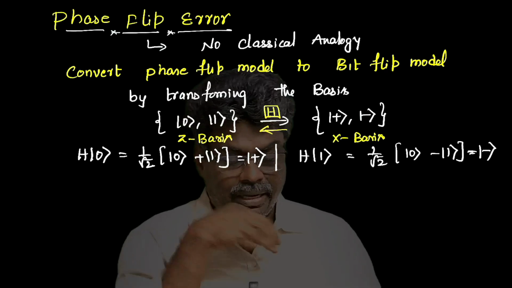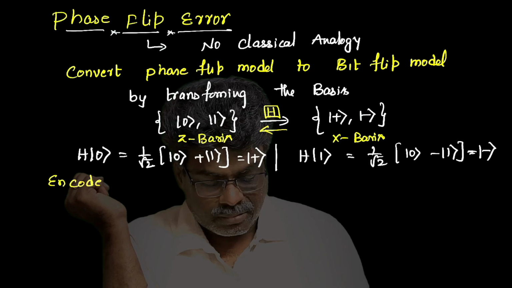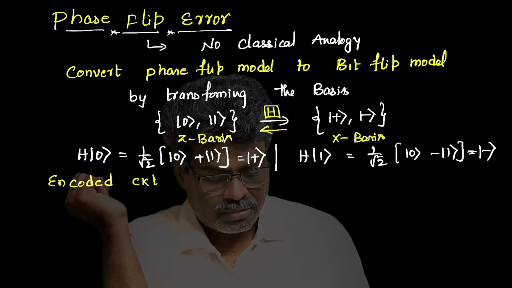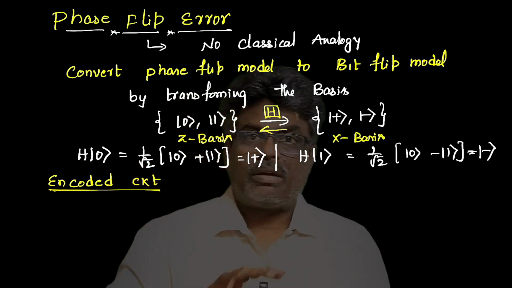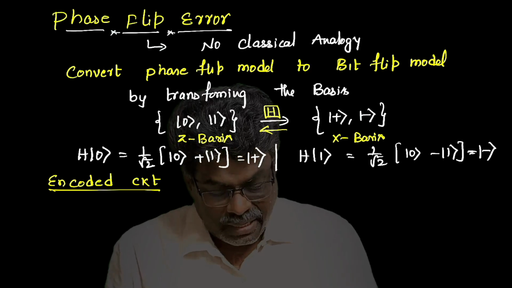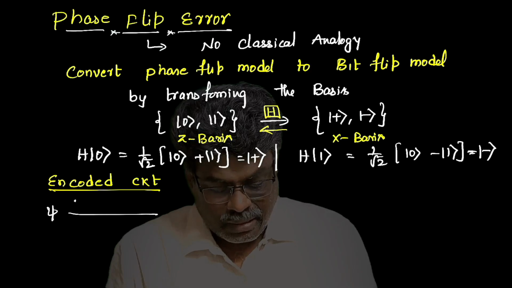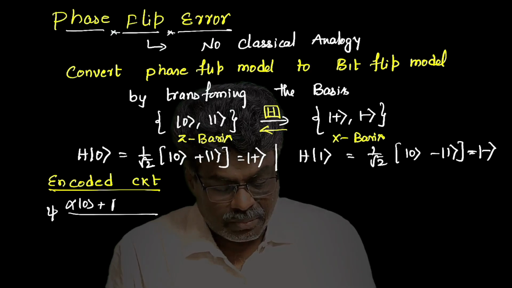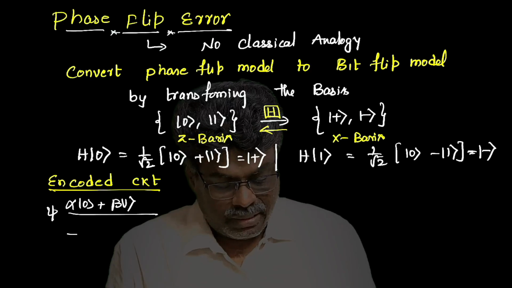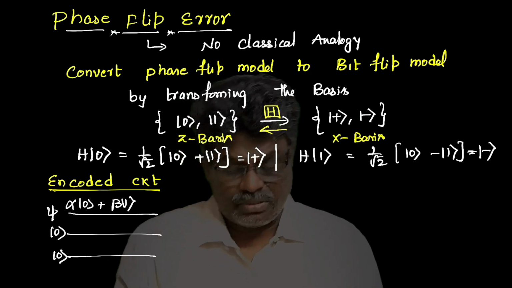Now let us take the encoded circuit. First I am taking the same thing we took earlier for the bit flip. This is psi, alpha 0 plus beta 1, and here we have the 0 qubits.